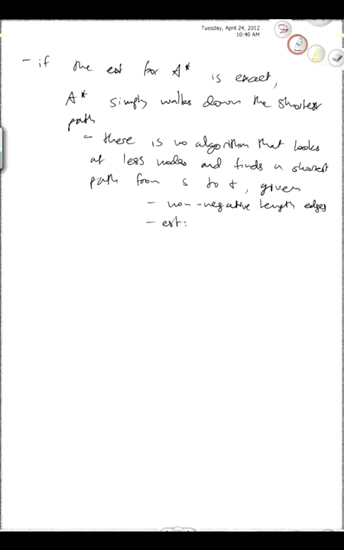So in some sense, A star is really the fastest algorithm that you can have for shortest path. So given the estimate functions, there's no other algorithm that works faster.